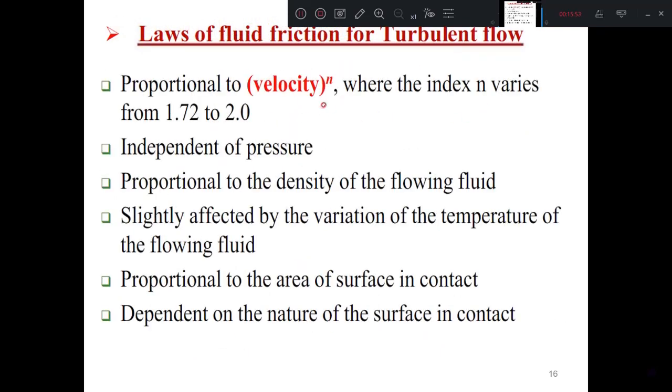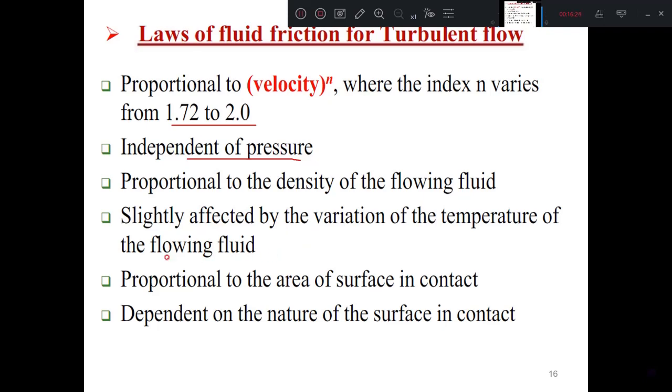It is proportional to the velocity raised to the power n, where the index n varies from 1.72 to 2. It is independent of pressure, proportional to the density of the flowing fluid, and slightly affected by the variation of temperature of the flowing fluid, since the fluid molecules have intermolecular force of attraction.